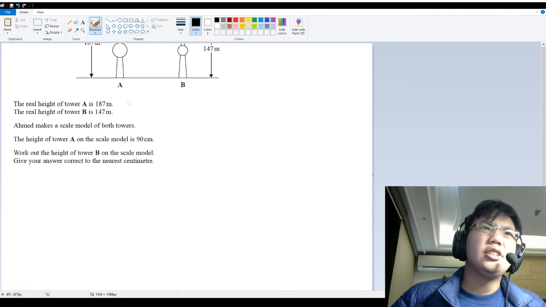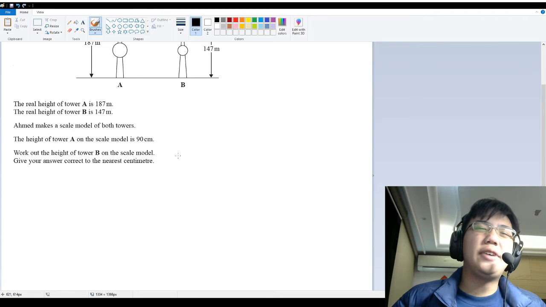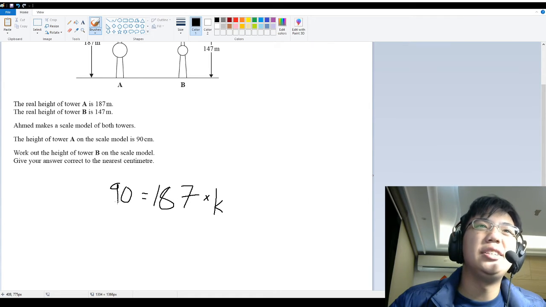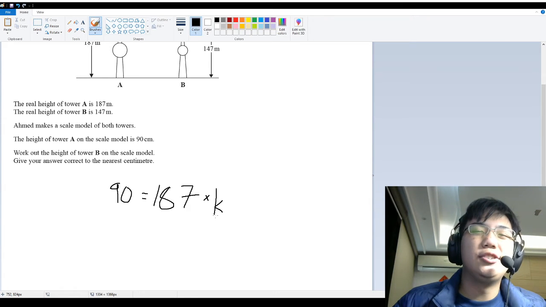Using scale factors, we can say that the height of the scale model equals the height of the actual tower times a certain scale factor that has shrunken it to 90 centimeters. The units don't matter here, since the scale factor is simply a number.